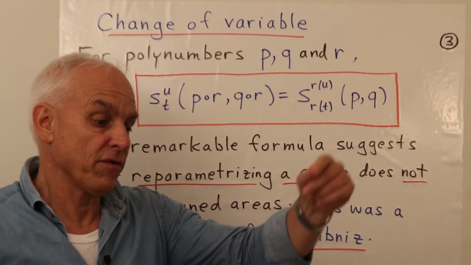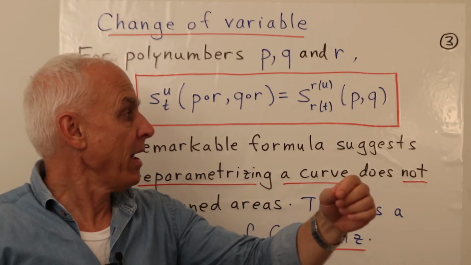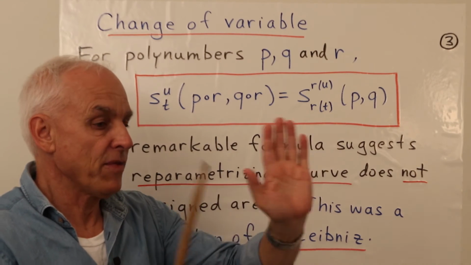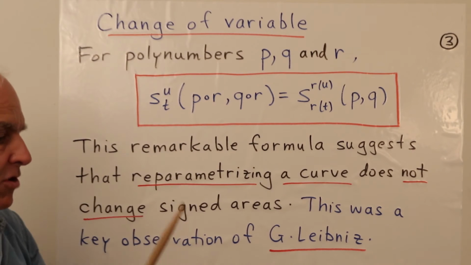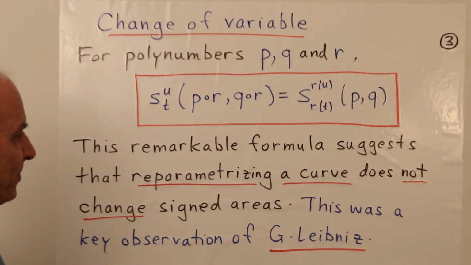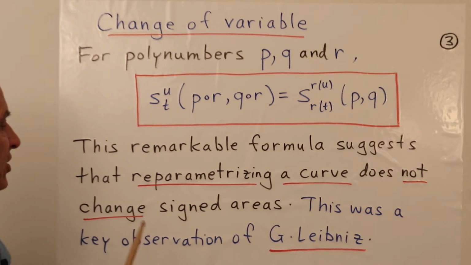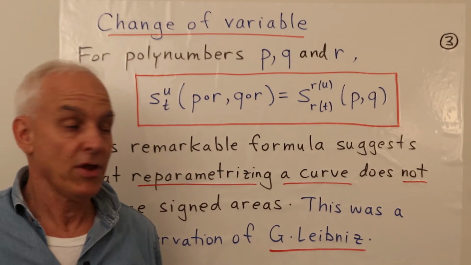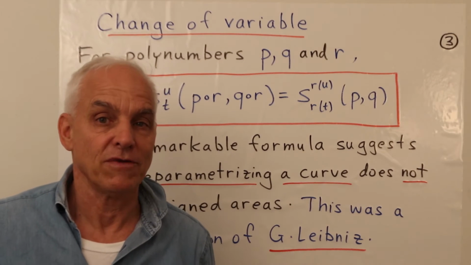So the original curve, maybe this one here, defined by p and q, and we're going from r of t to r of u, that's the same as this more complicated composition, but evaluated at the more simple bounds of t and u. So this remarkable formula suggests that reparametrizing a curve does not actually change signed areas. And it's essentially an observation, a key observation of Leibniz.